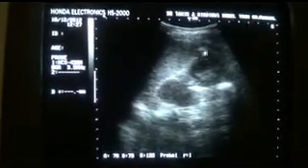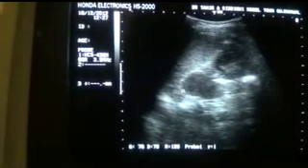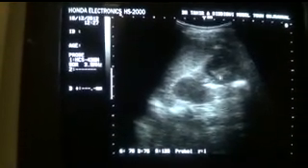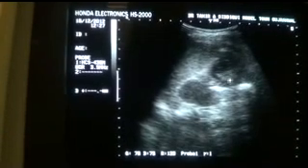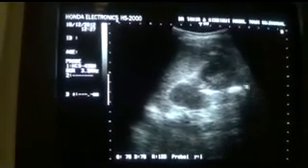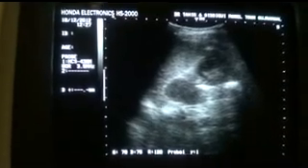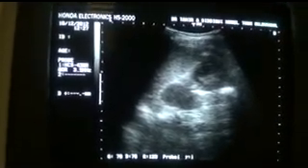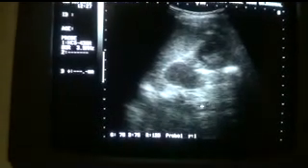This is the renal capsule, and this is the upper pole. This is the mid region of the left kidney. This is the pelvis of the kidney. This is the iliopsoas muscle. This is the aorta.